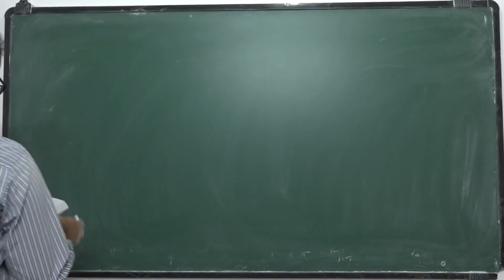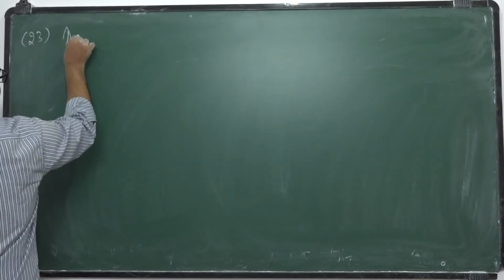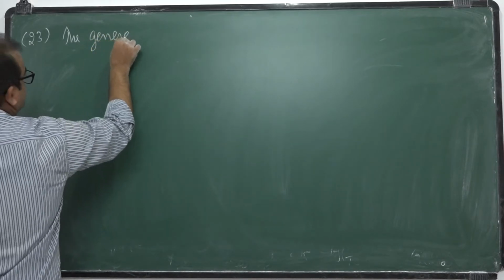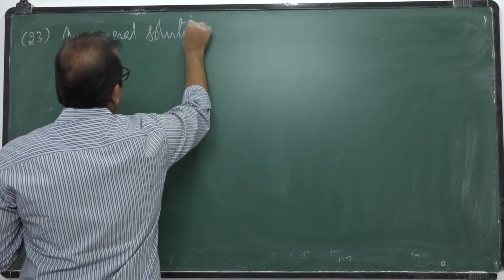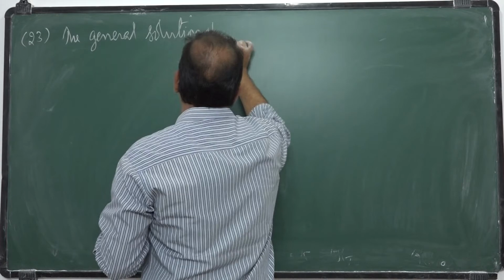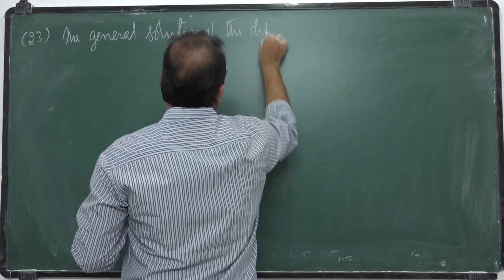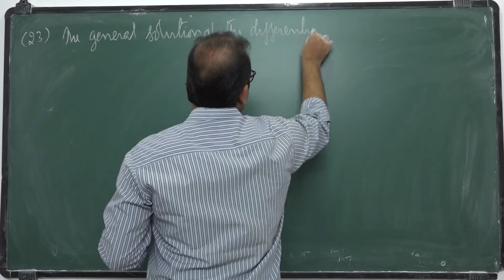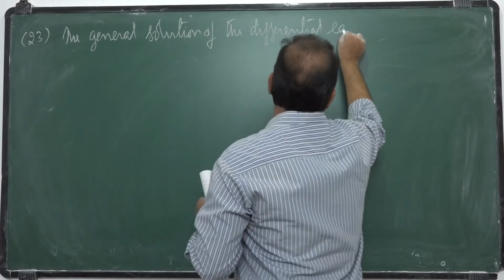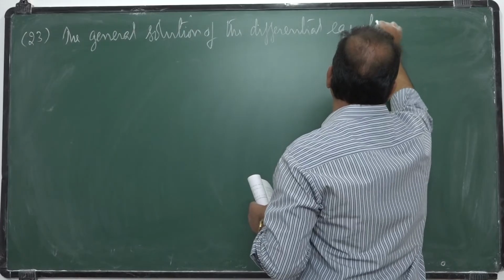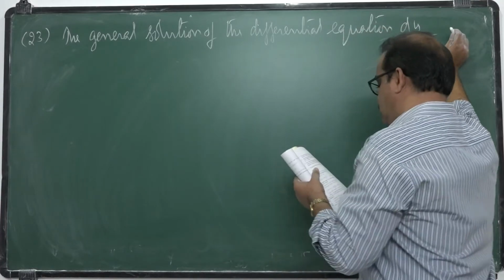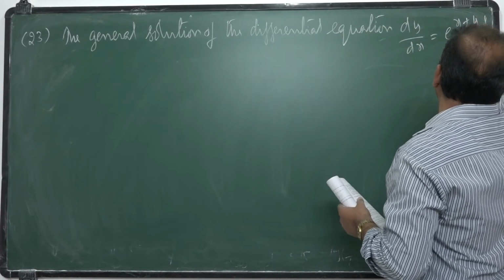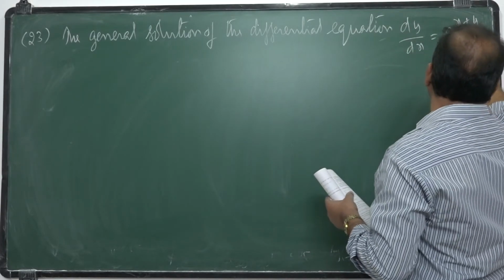Now write the last problem in this exercise 23. The general solution of the differential equation dy by dx is equal to e power x plus y is.